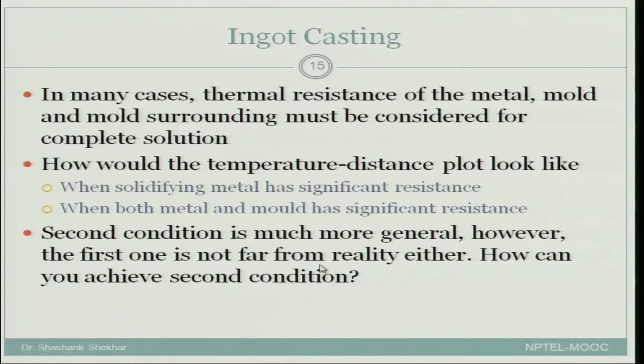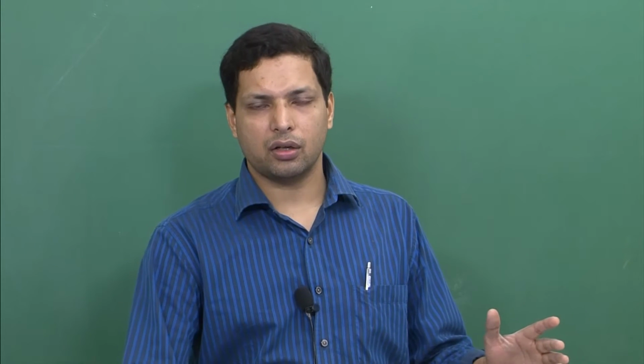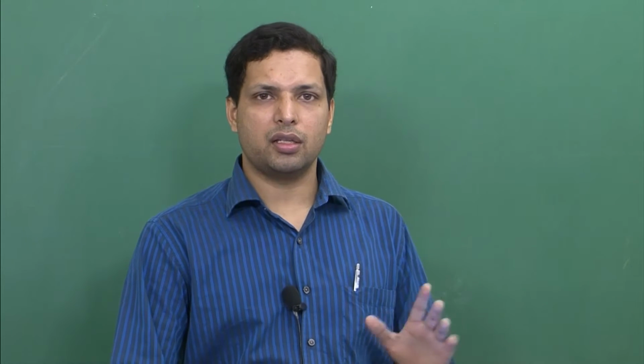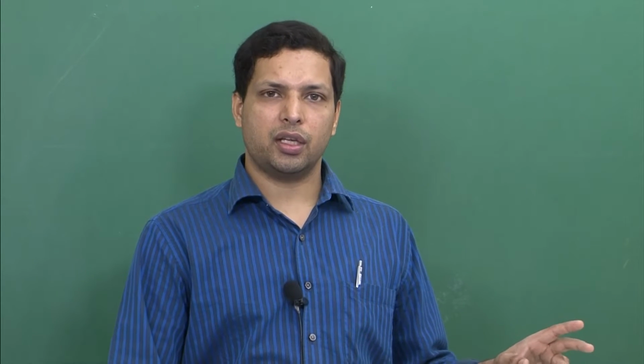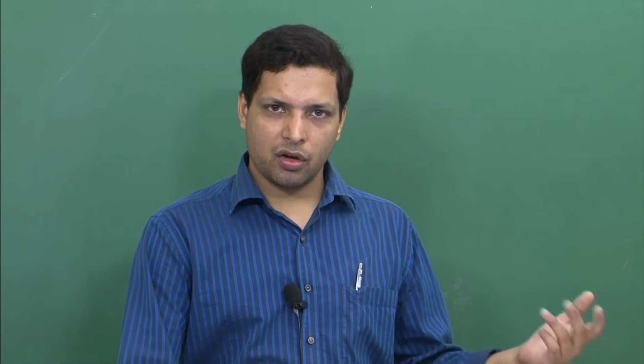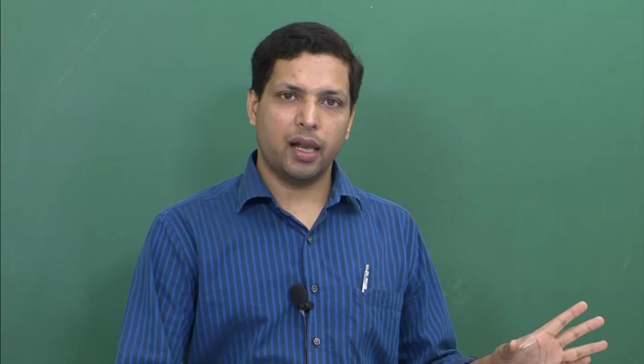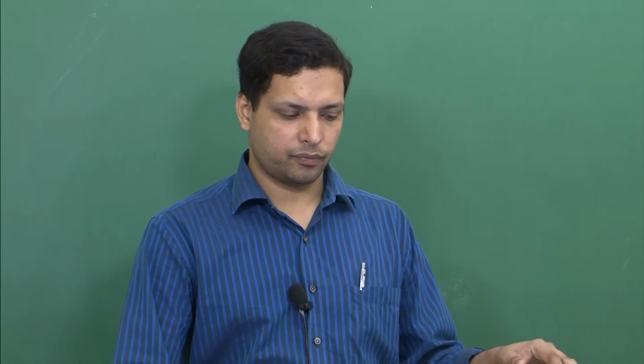If you remember, we said these are a little more complicated conditions, because the temperature drop is taking place in the solid and the length of the solid is changing. So the overall temperature profile is changing, not only because of the change of the heat flow, but also because of the length of the solid region.